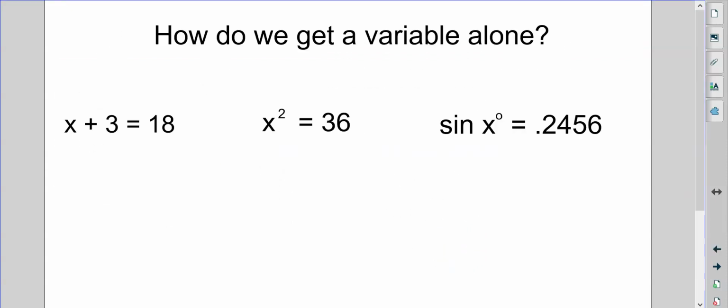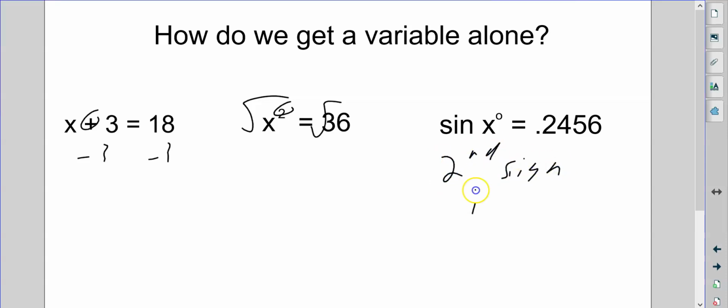How do we get these variables alone? Well, here we subtract 3 from both sides, because we're undoing addition. Here we're undoing squaring, so we square root. Here we're taking the inverse sine.